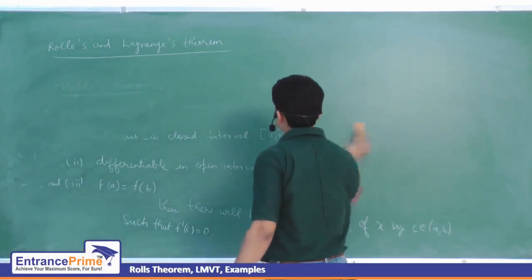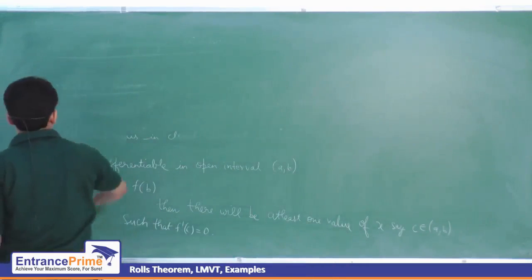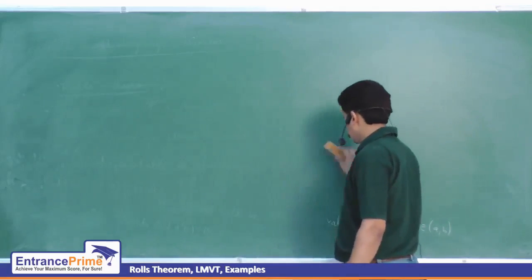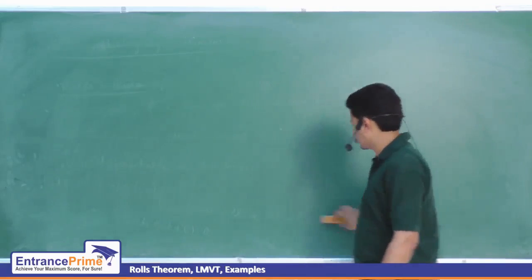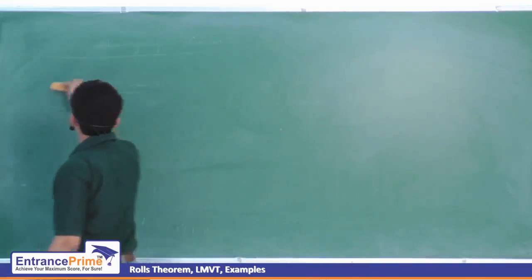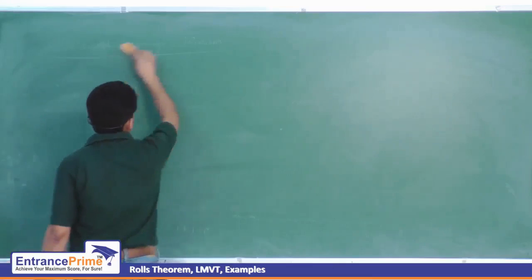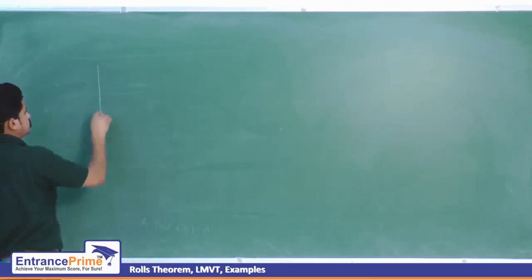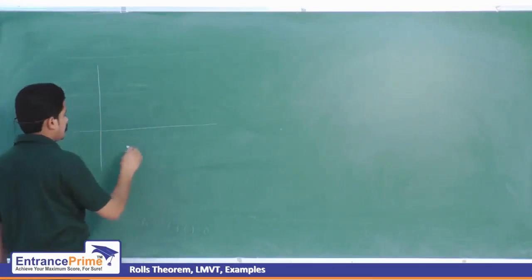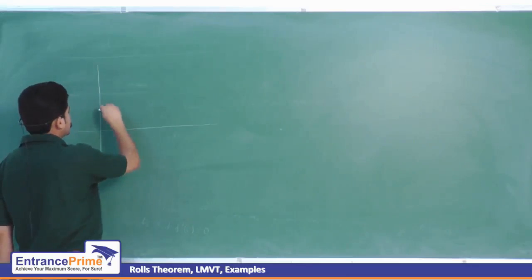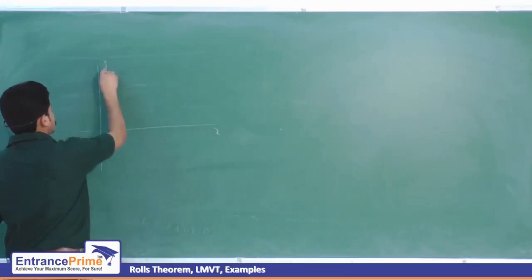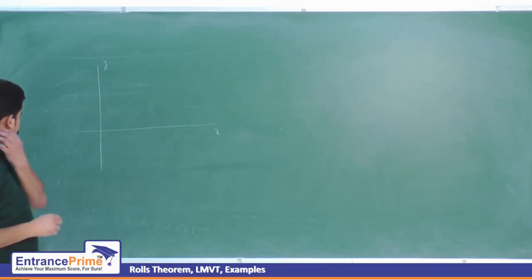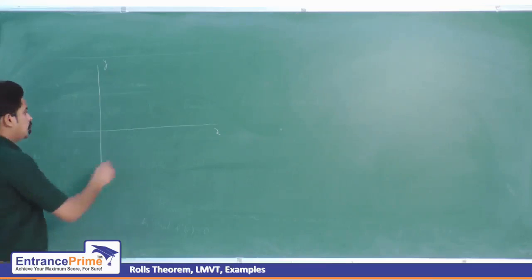Let us see what is the geometrical meaning of this theorem. Now suppose we have a function which is continuous. Differentiable means there is no sharp corner, and continuous means there is no break in the given interval, and the values of the function at a and b are also the same.